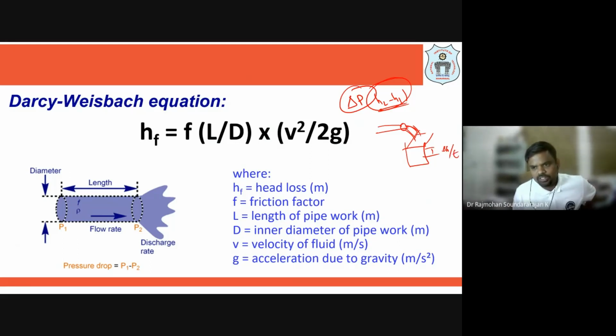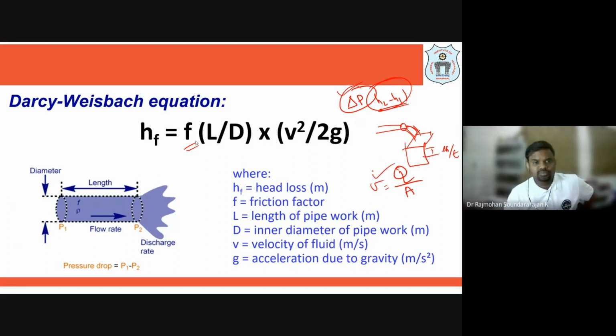We know the dimensions of the tank, so we can always get the actual volumetric flow rate Q. Dividing Q by A, we get V, right? So in this experiment, we will also be determining the friction factor from the experimental data. Delta P is there, volumetric flow rate and velocity are there. You will be determining the friction factor, which will be explained in detail by Dr.